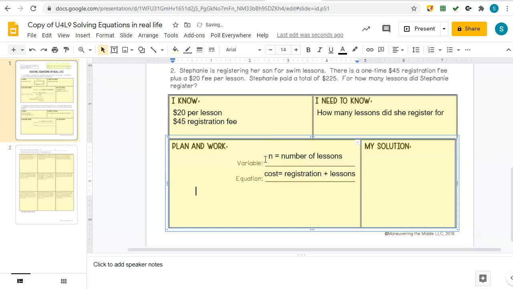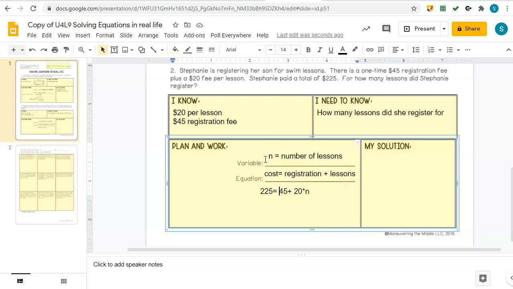And that cost came down to $225 equals 45 for the registration plus 20 times the number of lessons. There's our equation.